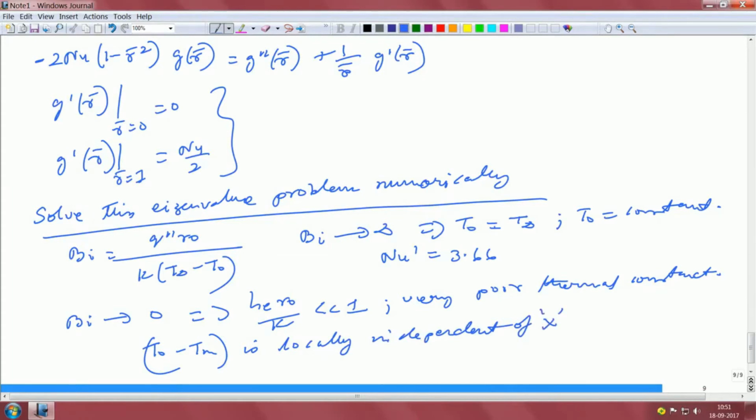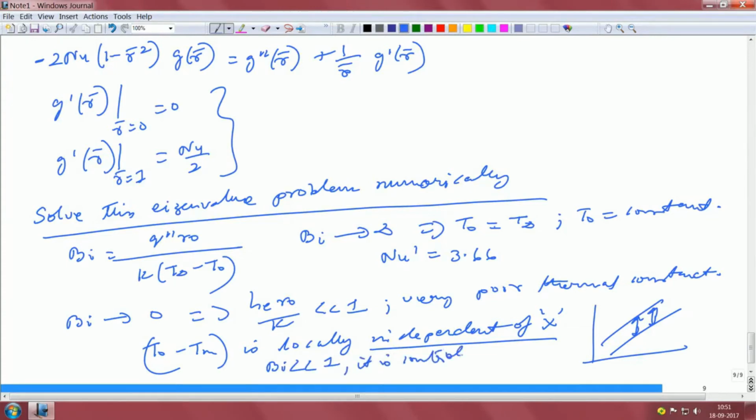That corresponds to a uniform heat flux case, because if you recall in your uniform heat flux you had these lines which were parallel, this difference was always constant regardless of x, at any x the difference will be the same. So, when Biot number is much less than 1, it is controlled by heat flux, or in other words this becomes a uniform heat flux case.